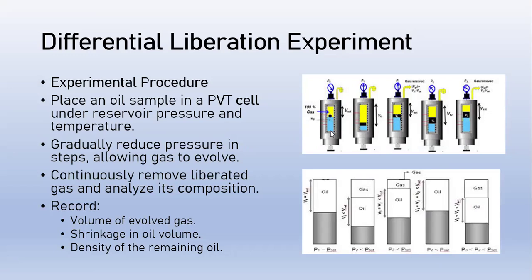When you reduce the pressure from the previous pressure step, you let it calm down, let the gas liberate. After liberating, then you eject the gas out. If you eject the gas out, then you measure the properties of the.